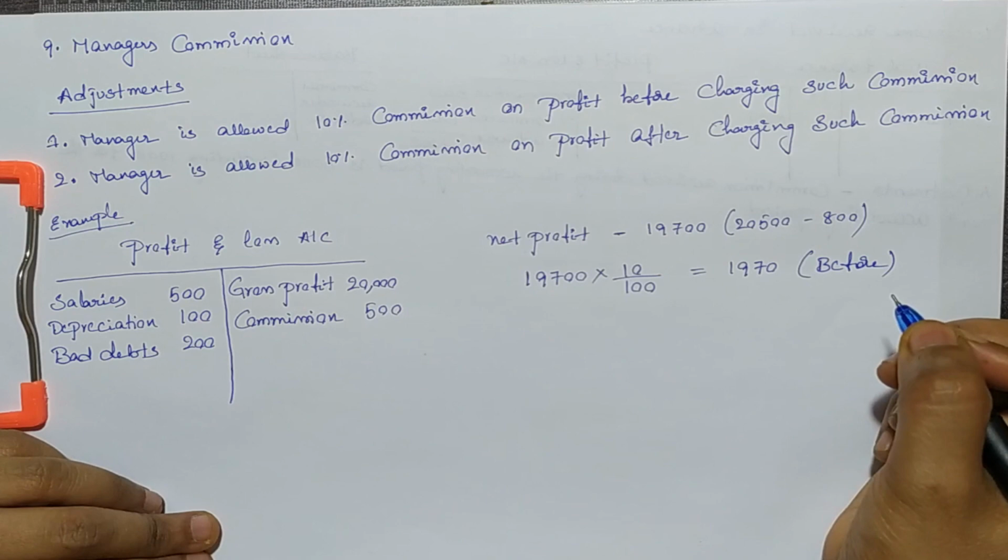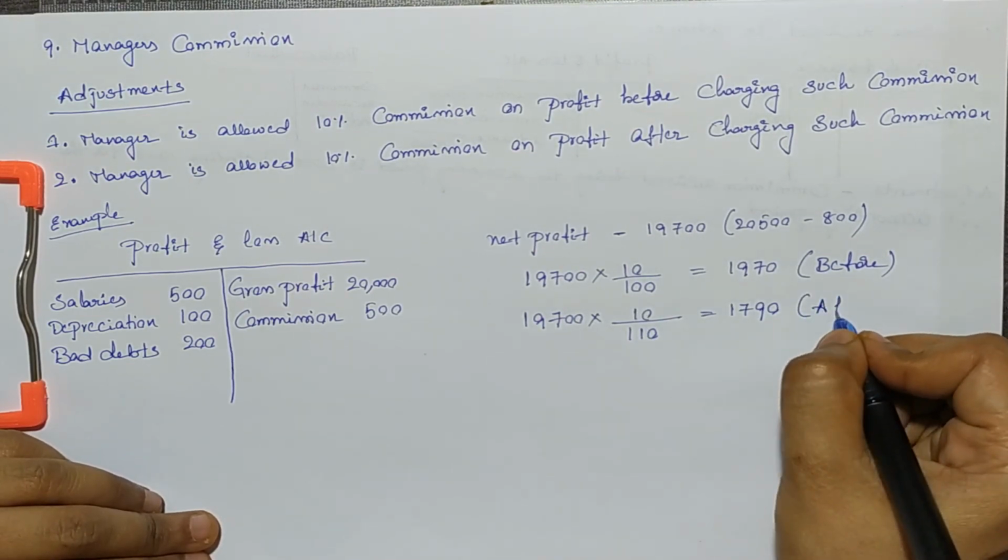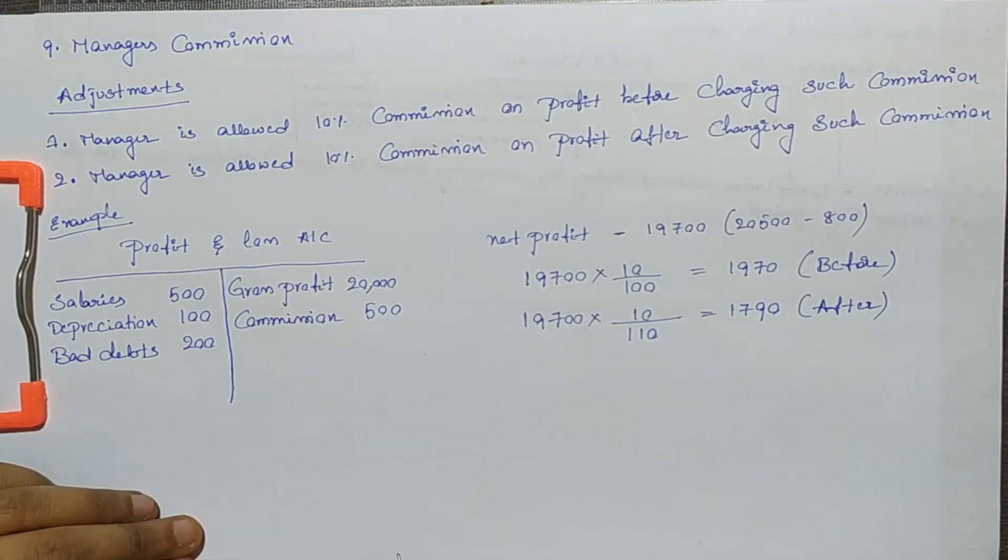If the question states manager is allowed 10% commission on net profit after charging such commission, then 19,700 into 10 by 10 plus 100, which comes to 1,790. The difference between before and after is, if they say before charging such commission, then we just have to calculate 10% on the net profit.